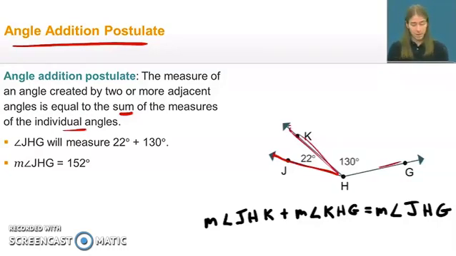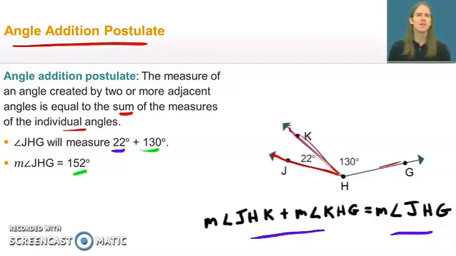Since JHK has measure 22 degrees and angle KHG has measure 130 degrees, the measure of the larger angle JHG is 22 plus 130, which is 152 degrees.